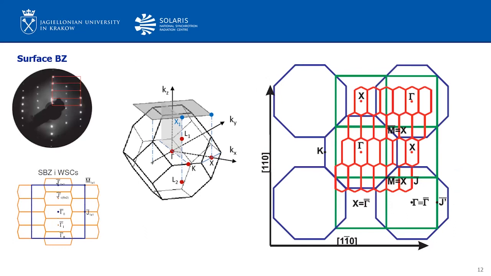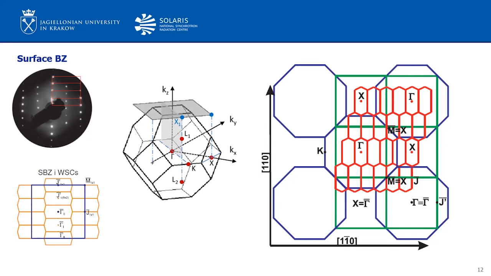Before, we concentrated only on the Brillouin zone for 3D crystals, but in ARPES measurements we don't see the inside of the crystal, and the surface is always very important for us.